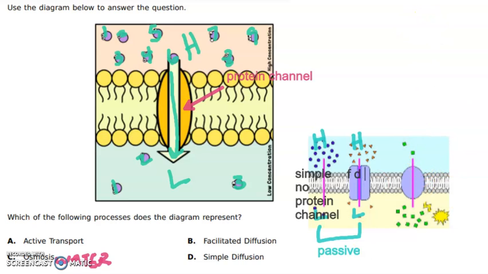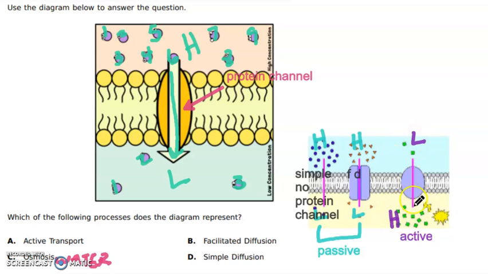Now this picture is an example of active transport. Let me write active transport here. For active transport, we are going from low, because there's 2 molecules here, to high.